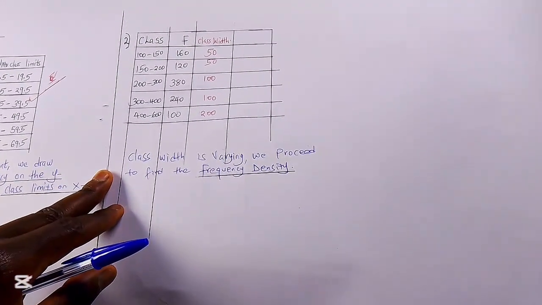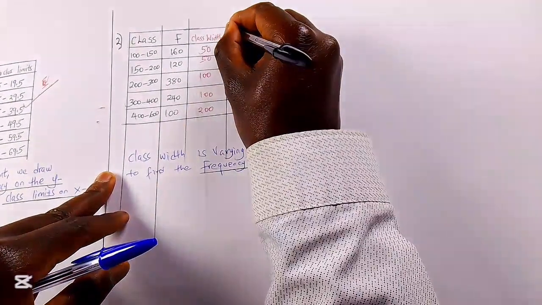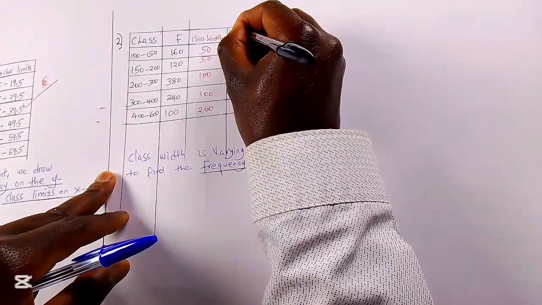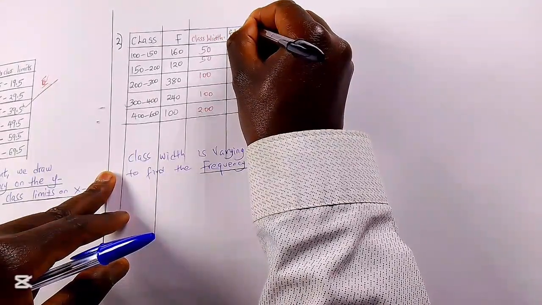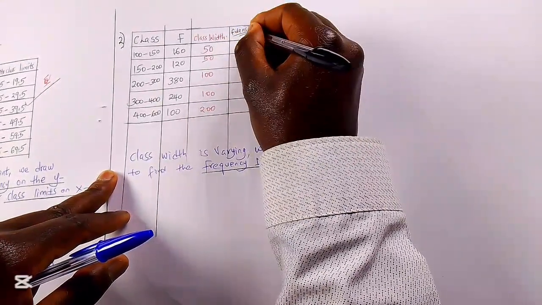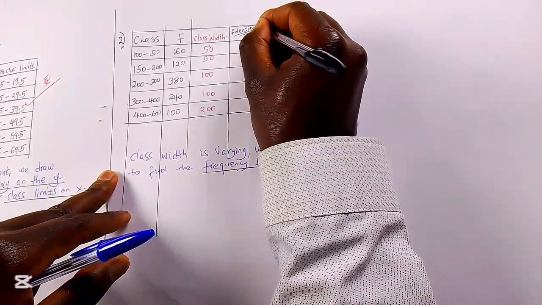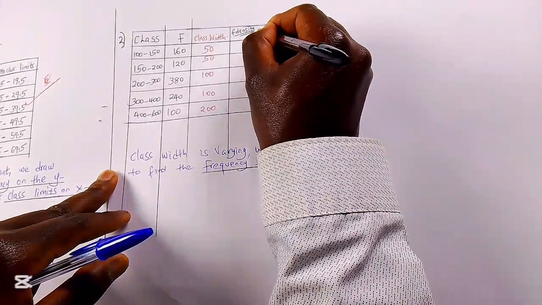For us to find the frequency density, it is frequency divided by class width.